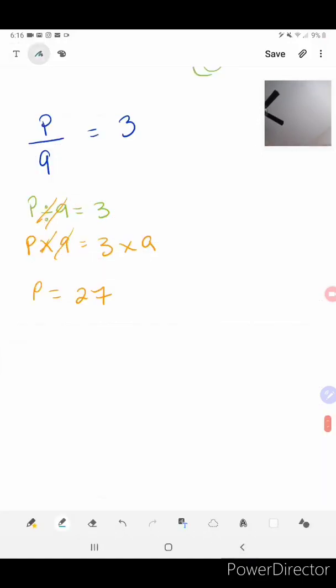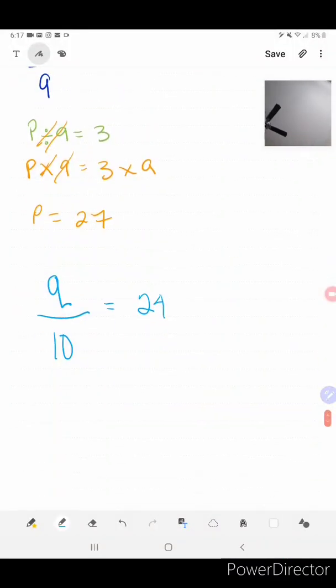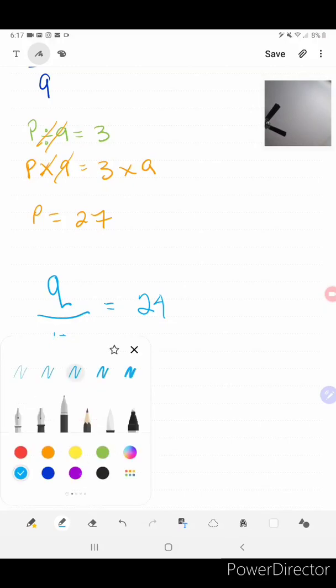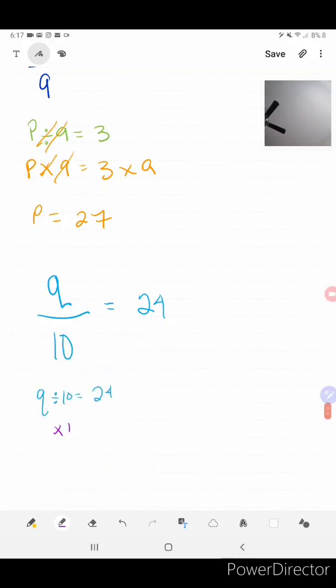So if you have q over 10 equals, let's see, 20. Actually, let's do 24 because you guys can do them with big numbers. So this means q divided by 10 equals 24. So the opposite of division is times 10.